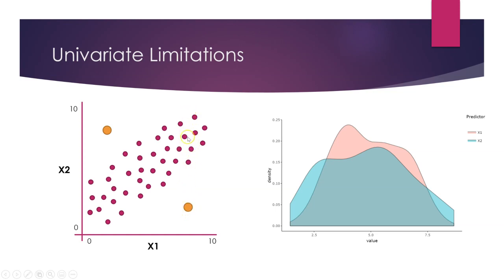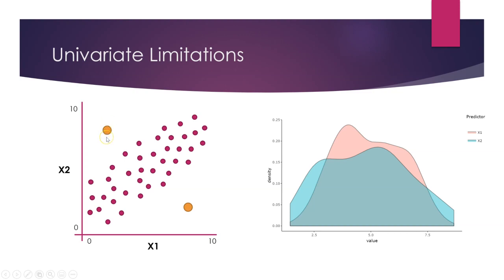It's not even the largest value of x1 in this data set. Same with x2, its x2 value is maybe 2 or 2.5, and that's not extreme at all. And same goes for this one. So really, if you're only looking at one variable at a time, these data points aren't going to stand out at all. There's nothing special about them.